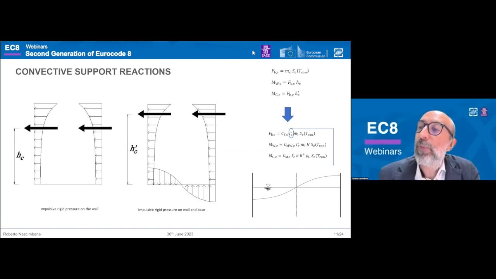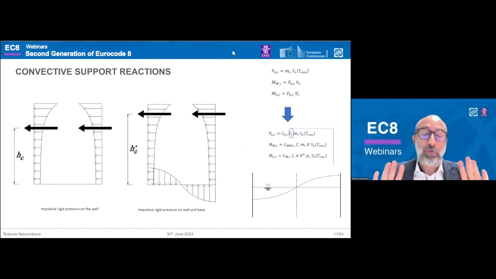Here we have the spectral acceleration derived from the horizontal elastic response spectrum corresponding to the convective period of vibration. Please take care of that because it's important to highlight that we don't use here for sure for the fluid the behavior factor, but as before, here is shown the first anti-symmetrical mode of vibration, the first mode.